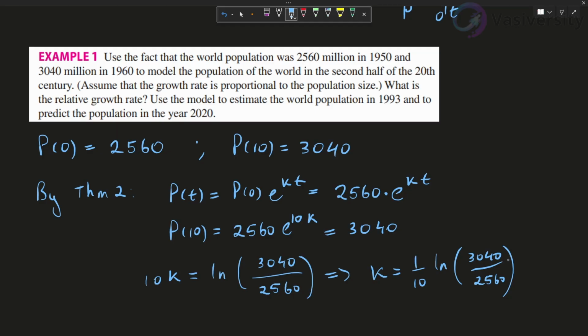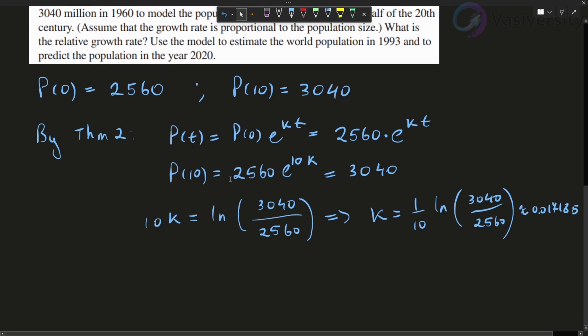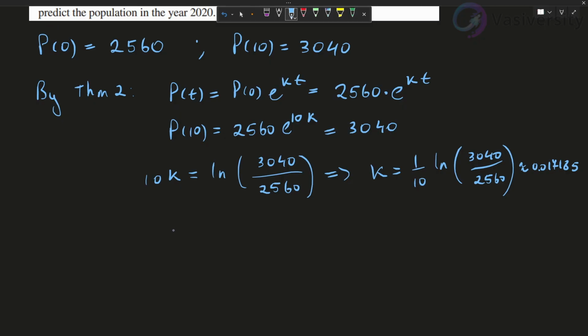That's about 0.017185 by using a calculator. So in percentage terms, the relative growth rate is about 1.7% per year.